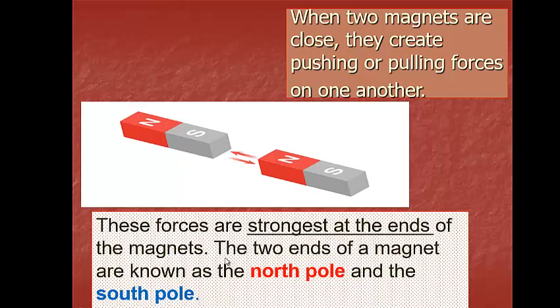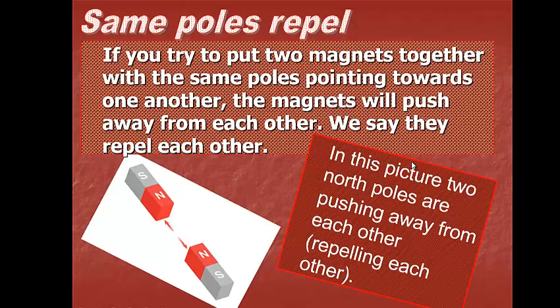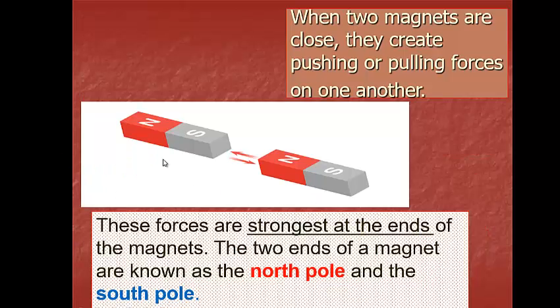The two ends of a magnet are known as the north pole and the south pole. So the north in red and south in blue. So if you put the opposite poles against each other, they will attract.